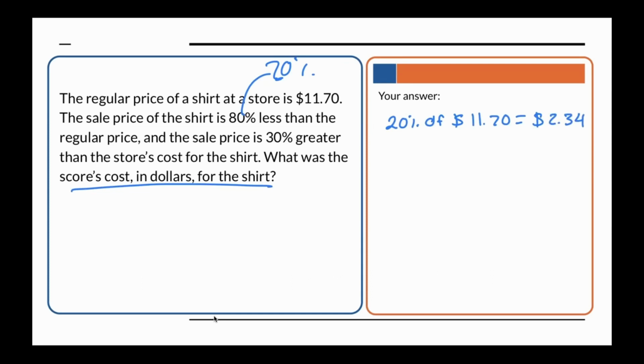Now the second step is a little bit tricky. What I would do is write an equation that looks like: the sale price equals 30% greater than the store's cost.